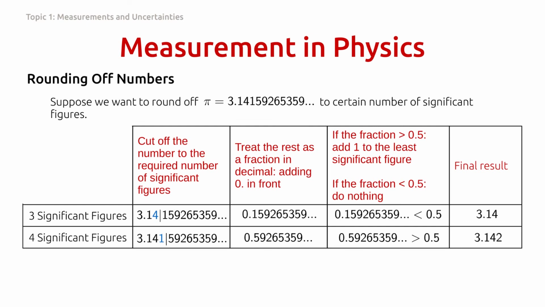The second step, we treat the rest of the digits as a fraction in decimal by adding 0 point in front of the remaining digits, and the resulting fraction is 0.5926 and so on. Then, we compare this fraction with 0.5. Since in this case the fraction is more than 0.5, we add 1 to the least significant figure. As a result, rounding pi to 4 significant figures gives the result 3.142.